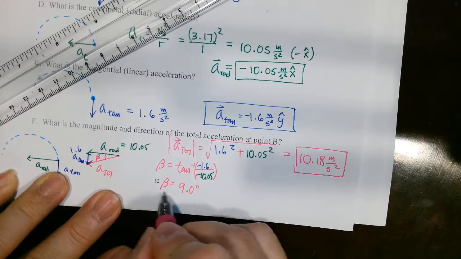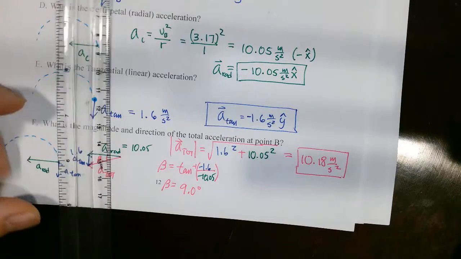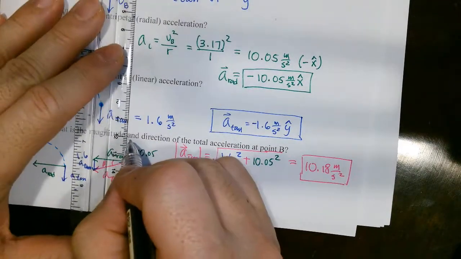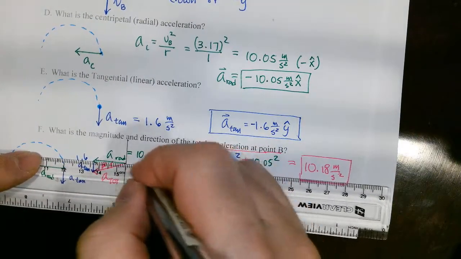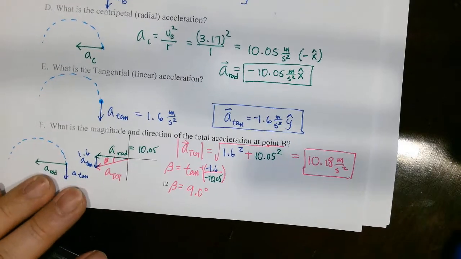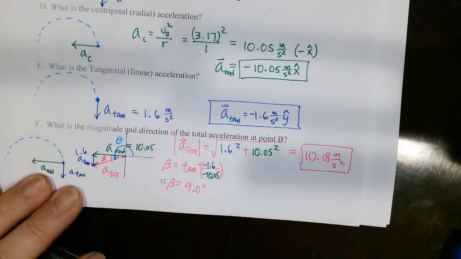So since it's 9 degrees here, and if you were to look at the XY coordinate system right here, this would be the proper angle from here all the way down here. So that would be my theta.